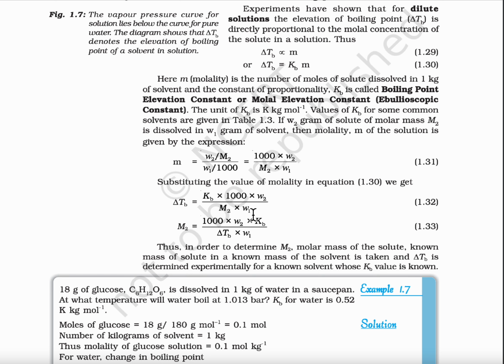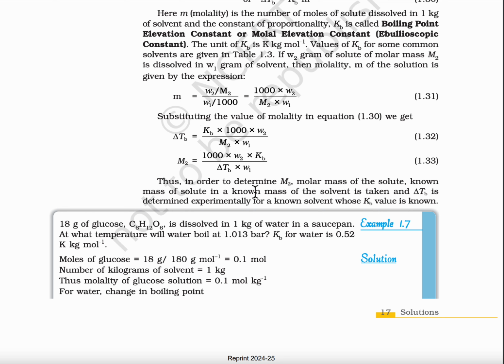Now if you want to find the molar mass of the solute, M2, just shift M2 here and delta Tb to the denominator. Thus, in order to determine M2, the molar mass of the solute, a known mass of solute in a known mass of solvent is taken, and delta Tb is determined experimentally for a known solvent whose Kb value is known. So when the values of Kb, delta Tb, W2 and W1 are known, you can find the molar mass of the solute.